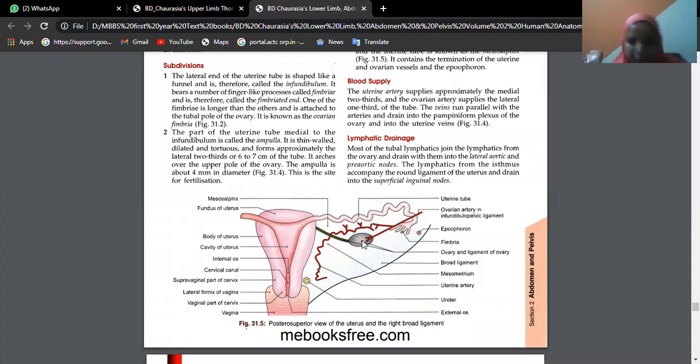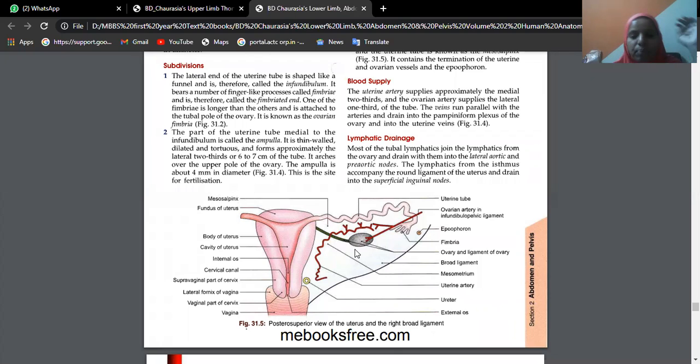This broad ligament is thickened at the fallopian tube to form a fold of peritoneum of the fallopian tube, which is called mesosalpinx. Meso is the prefix which we usually add to represent peritoneal covering. So the peritoneal covering of the fallopian tube is mesosalpinx.